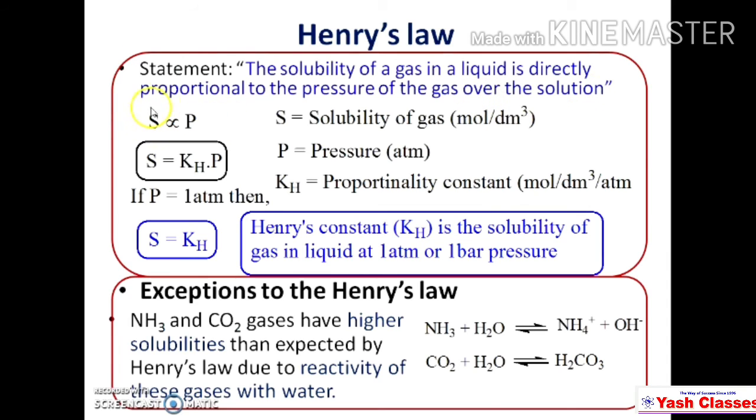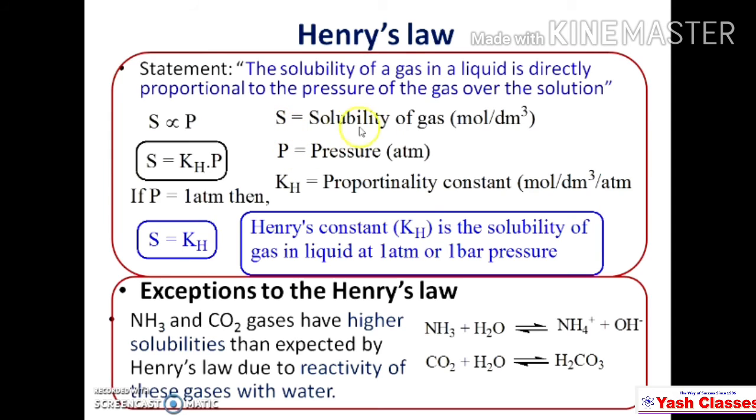So according to Henry's law, solubility S is directly proportional to the pressure of the gas, that is capital P, and therefore solubility of a gas is equal to KH, where KH is a proportionality constant known as Henry's constant, into pressure, that is P.